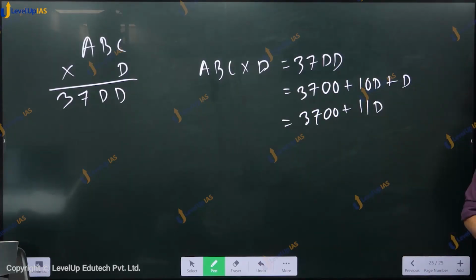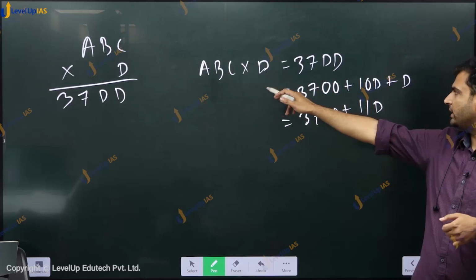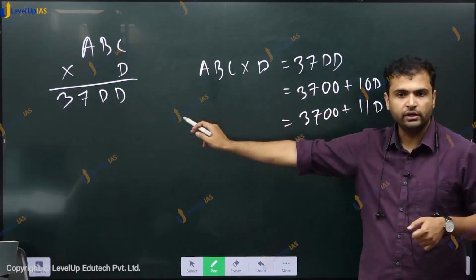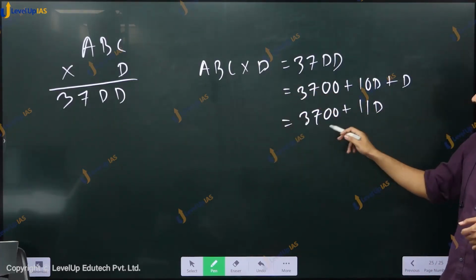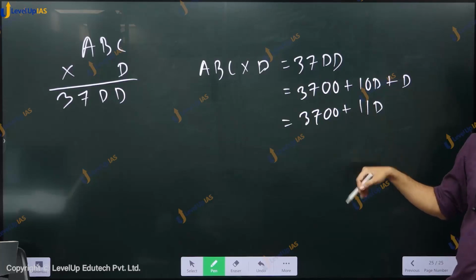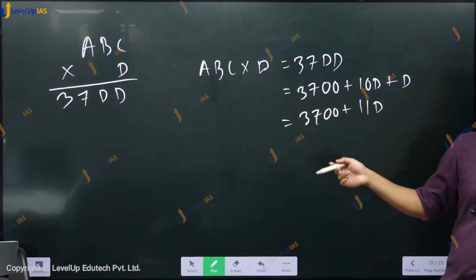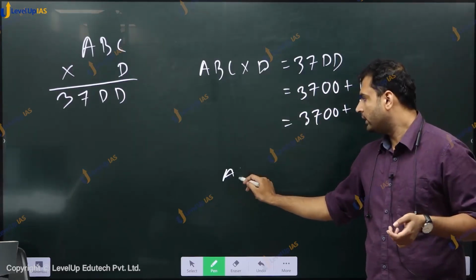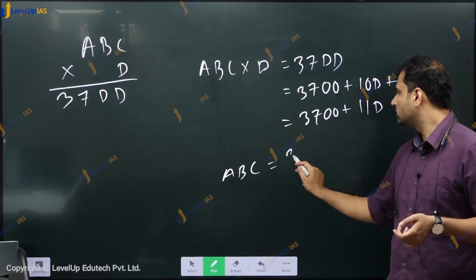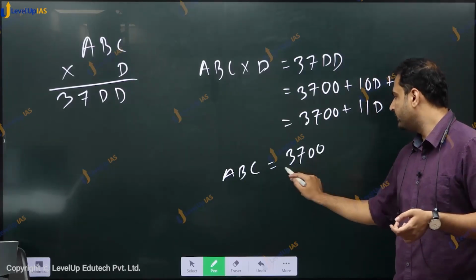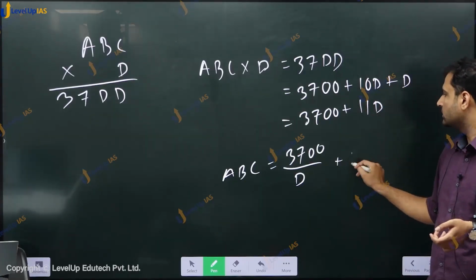Right? Now on the left hand side we have ABC into D. On the right hand side we have 3700 plus 11D. We divide both the sides by D. So what do we get? ABC is equal to 3700 divided by D plus 11.